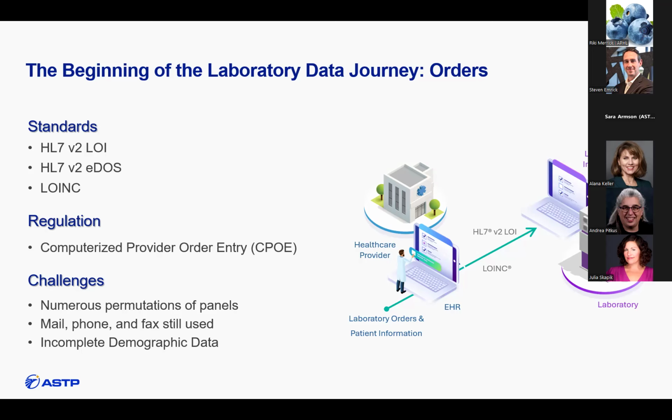There's some work being done on how we might approach that complexity, which is wonderful. And then, looking specifically at demographic data, there's lots of evidence that incomplete demographic data comes through in orders, and that presents challenges with both the performance of the testing and the reporting of the results downstream.